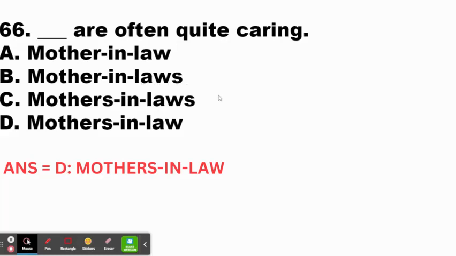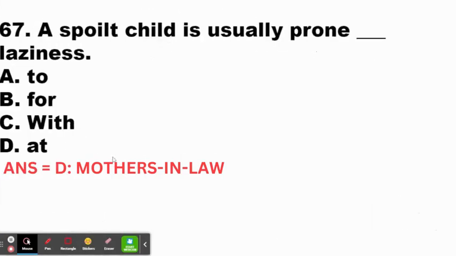When you pluralize a compound noun, you always add S to the head word, and the head word in mother-in-law is mother. So you pluralize mother, and the other words remain the same. So it is mothers-in-law, secretaries general, heads of state, not head of states. All right, so that's the way it is done.